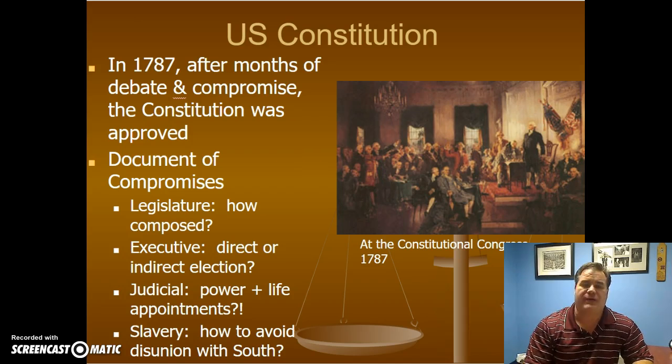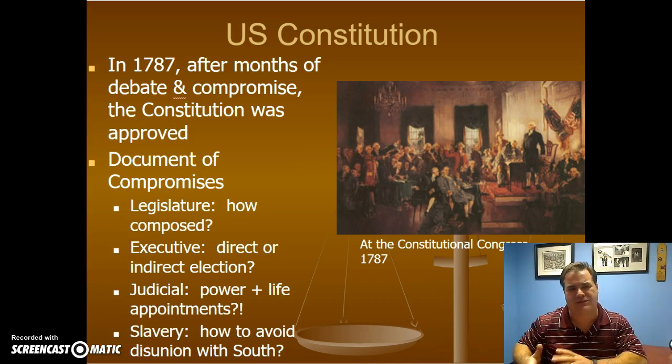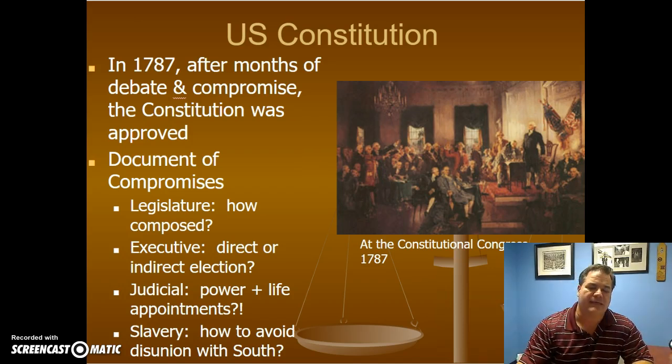So they had to come up with a way to select that president democratically and yet protect interests that we'll talk about here in a second. What to do with the judiciary. They didn't have a national judiciary under the Articles of Confederation at all. And finally, the 64,000-pound elephant in the corner, the issue of slavery. How to compromise on this issue that many Northerners opposed, and for the Southerners, it was a deal breaker.